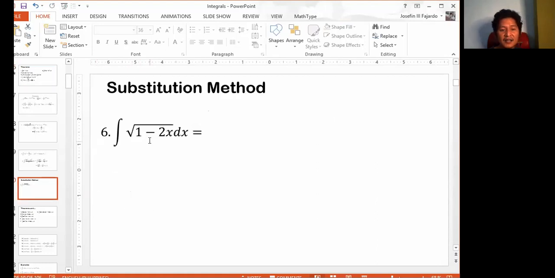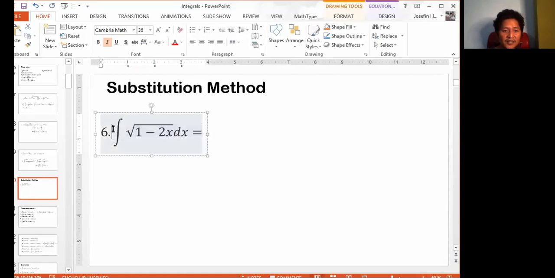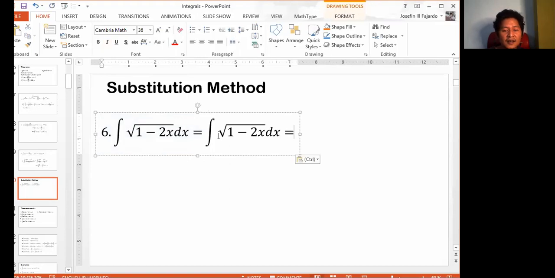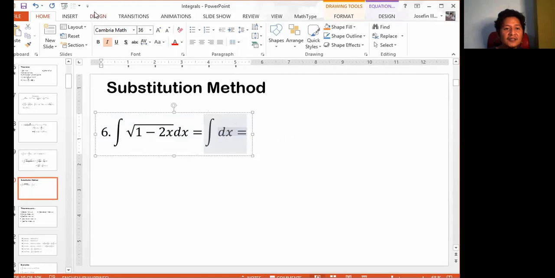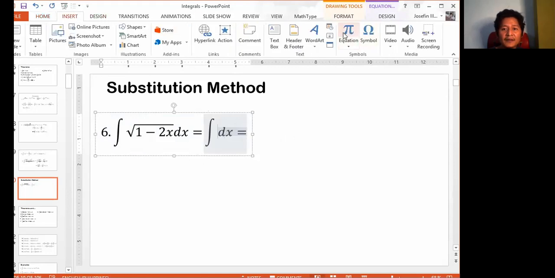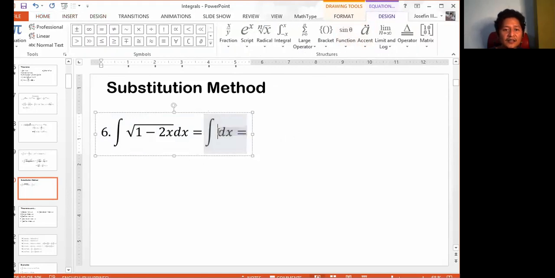Dito sa ating example number 6, notice we can actually rewrite this in an exponential form. Pwede natin siyang isulat as 1 minus 2x as the base, and the exponent is 1/2, right?